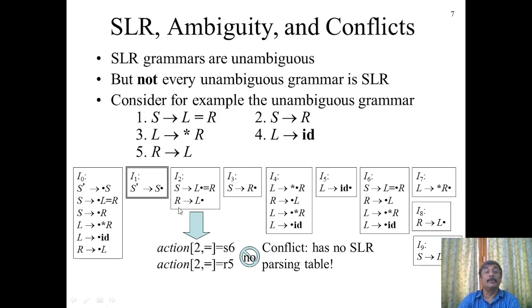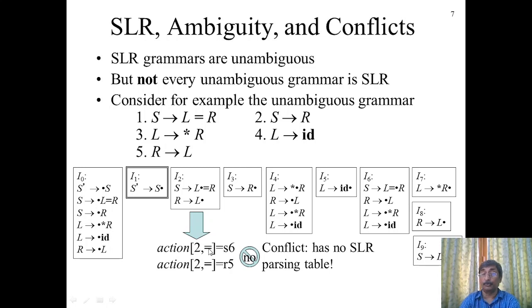And this item will say that actually I have already seen the handle, and therefore please reduce using the rule number 5. So in this parsing table, in the row for state 2 and in the column for the equality symbol, I get a clear conflict which is known as shift reduce conflict.